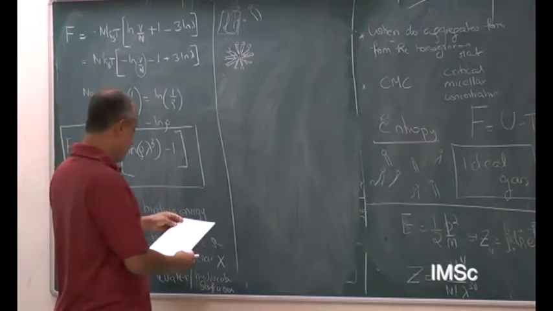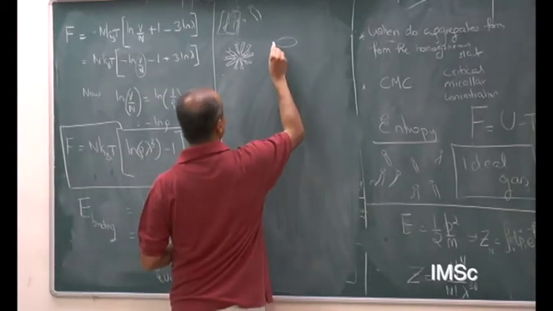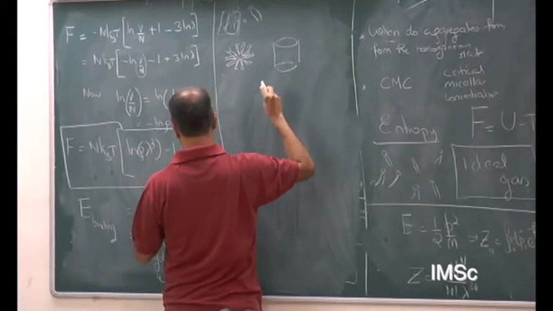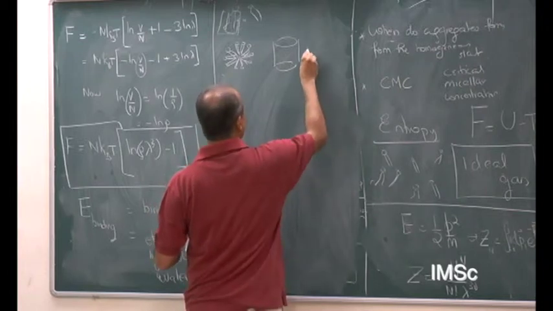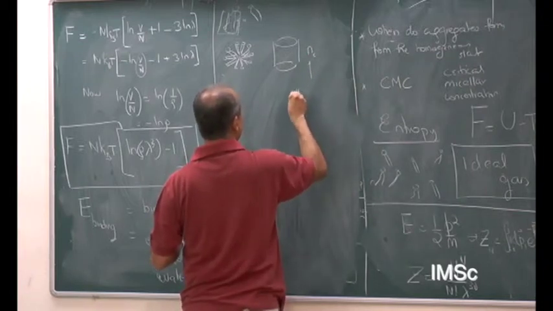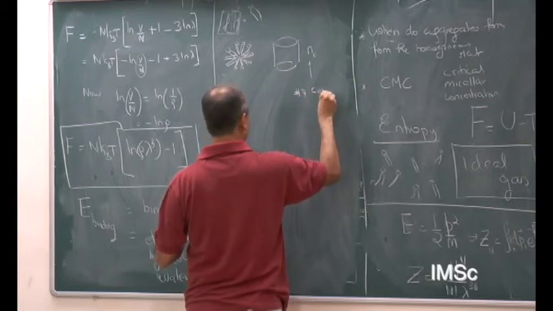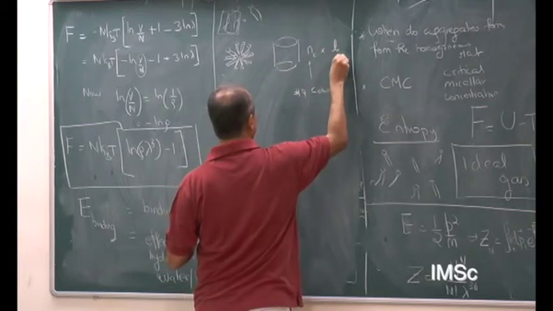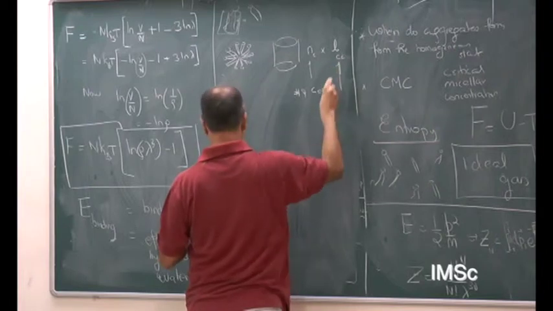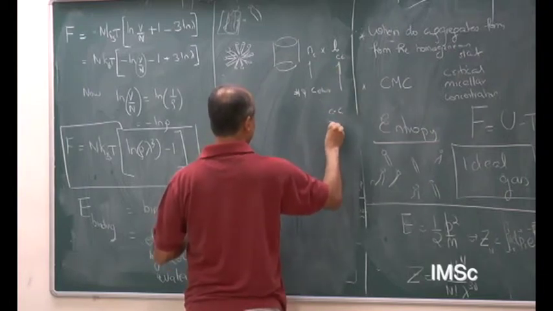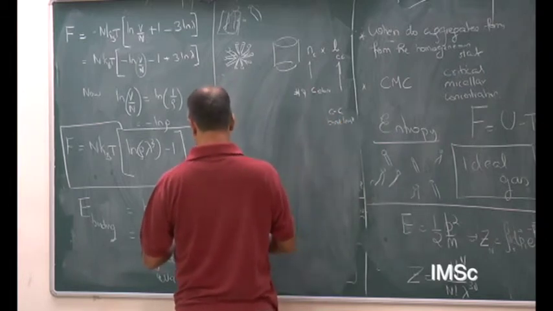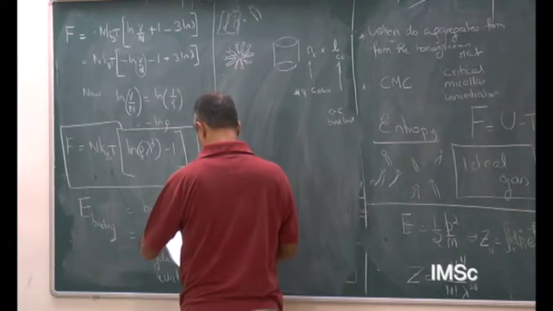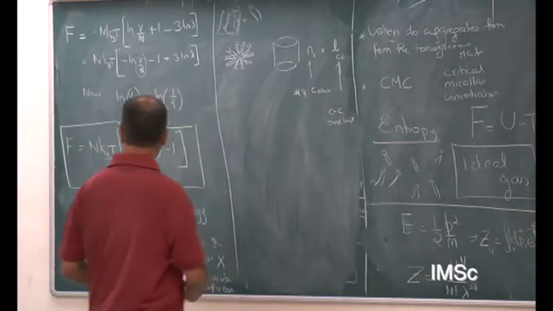Now if I imagine that the molecule itself forms a structure that looks like this, each of these would be Nc, which is the number of carbon atoms, times LCC, which is the carbon-carbon bond length, and rho is the number density.